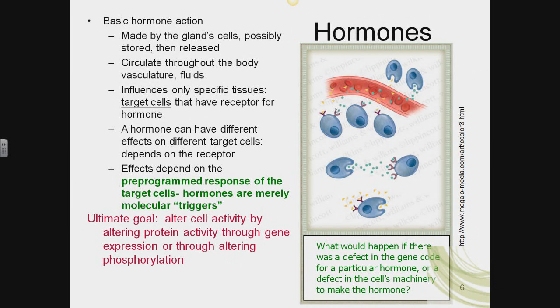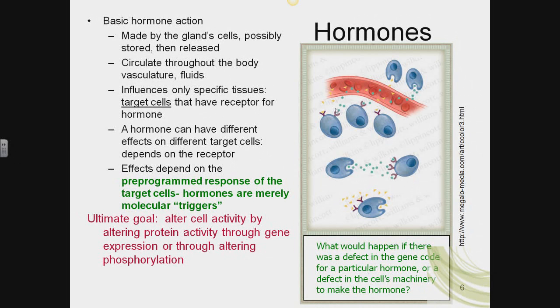How can this be done? It can be done by changing the activity of the current proteins that are already expressed and functional inside that target cell. Protein activity can be changed most notably by removing or adding a phosphate group to a protein.